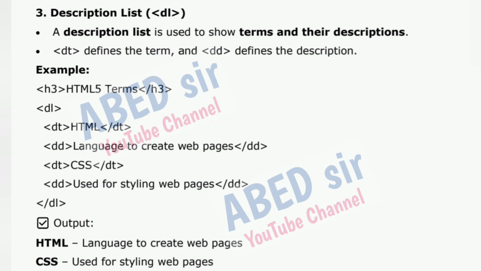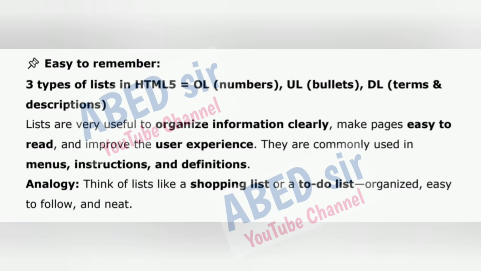Output: HTML, language to create web pages. CSS, used for styling web pages. Easy to remember: 3 types of lists in HTML5 equals ol, numbers; ul, bullets; dl, terms and descriptions.